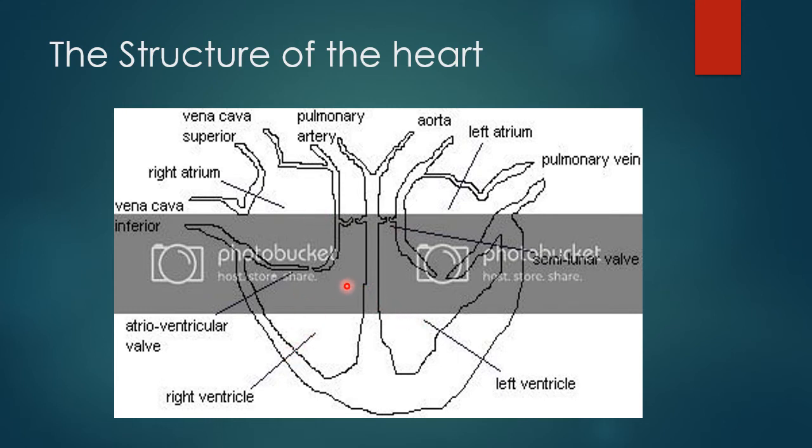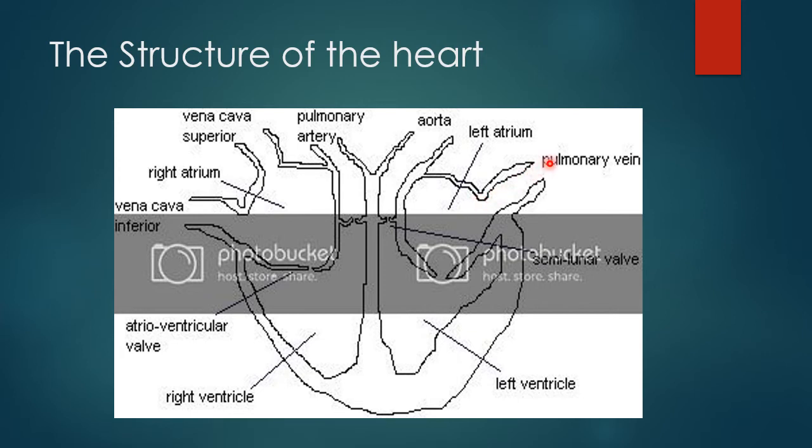And how does blood flow in the heart? We mentioned that the heart is divided into 2 parts, the left and the right. The left part of the heart contains oxygenated blood and the right part contains deoxygenated blood. Blood enters the heart through the pulmonary vein, coming from the lungs.